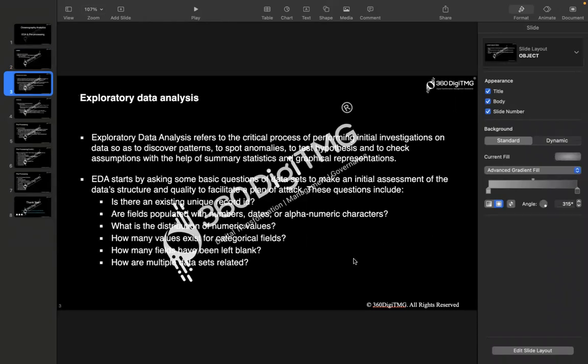Here is a small explanation of exploratory data analysis. Exploratory data analysis refers to the critical process of performing initial investigations on the data so as to discover patterns, spot anomalies, test hypotheses and check assumptions with the help of summary statistics and graphical representations.